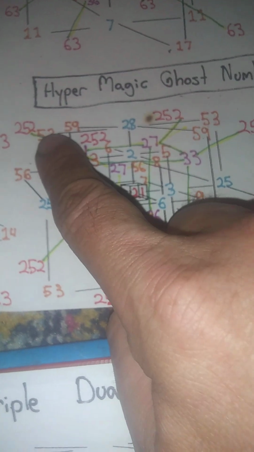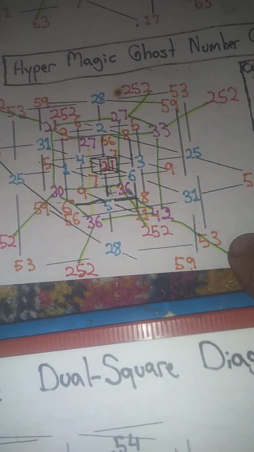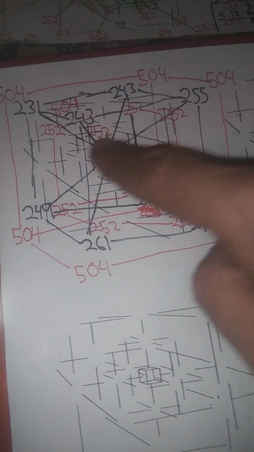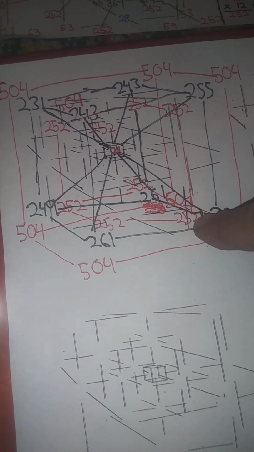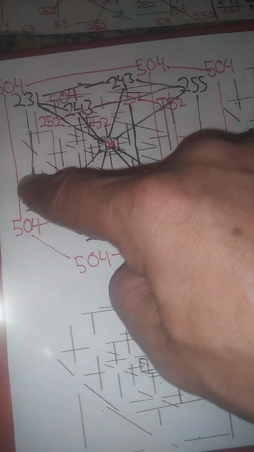It takes 4 63s to make a 252. Well, it takes two 252s to make a 504, which is what I have here, 504. It takes two 252s to make 504 at these diagonals.